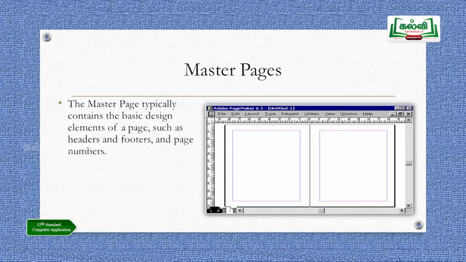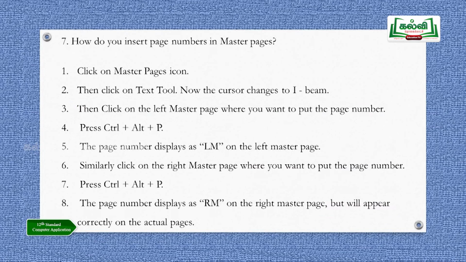There you decide where the page number should come. Repeat the same thing: go to the right hand side, click there, give Ctrl Alt P again, and decide where the page number should come in the right hand side master page. LM stands for left master page, RM stands for right master page.